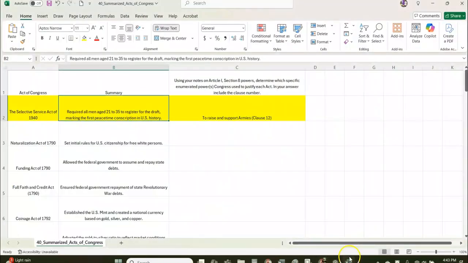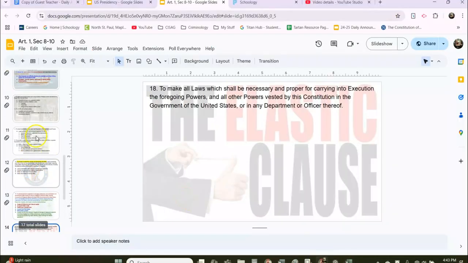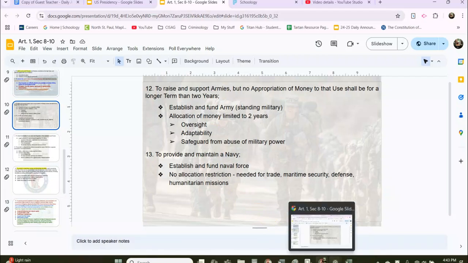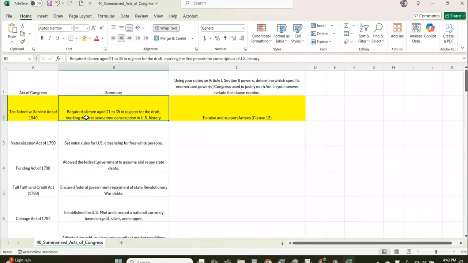And they said, if we go back to clause 12, it says Congress has the power to raise and support an army. Okay? That's exactly what they're doing here, is they are establishing a military that could be called up. And look at the date, 1940. We're dealing with World War II brewing. We haven't been attacked at Pearl Harbor yet, but Congress and the president are watching this develop.